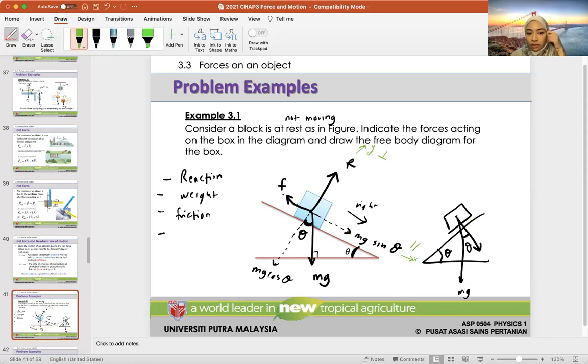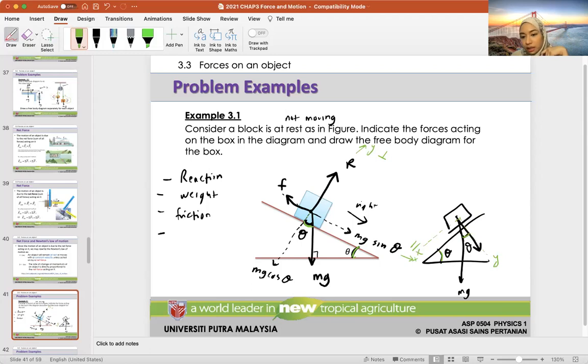Okay. So again, if my theta is over here, the theta is in between the mg and the y-axis component, y-axis of the object of the gravitational force. Theta kat sini, this is my y-axis, this is my x-axis, y, x.